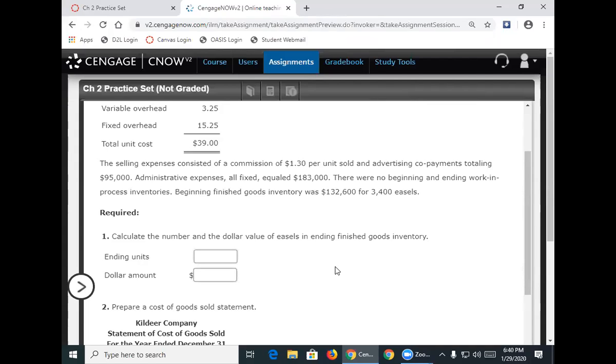Very good. So that just means that this is just in units. So we have 30,000 added in. So all total available units, we had 33,400. How many did we sell? 31,000. Very good. So to get how many were ending inventory, I would just take 33,400 minus 31,000, right? 2,400. And again, that's in units. So we have 2,400 units in ending inventory.